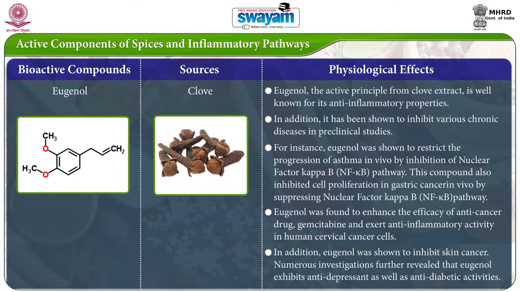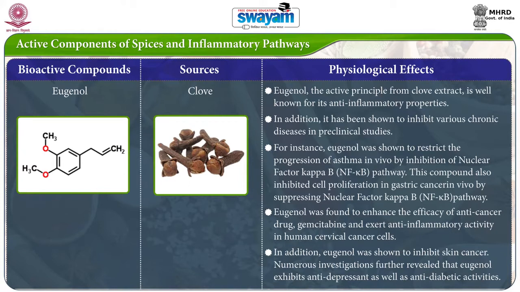Now, the next is eugenol. Eugenol is the active principle from clove extract, well known for its anti-inflammatory properties. In addition, it has been shown to inhibit various chronic diseases in preclinical studies. For instance, eugenol was shown to restrict the progression of asthma in vivo by inhibition of the nuclear factor kappa B, NF-kB, pathway.